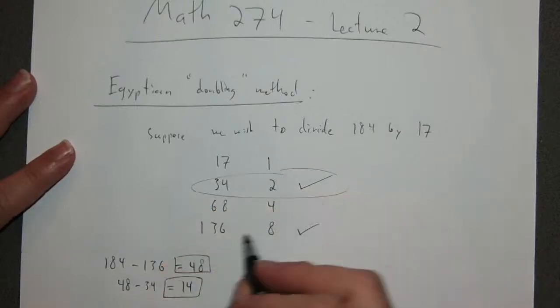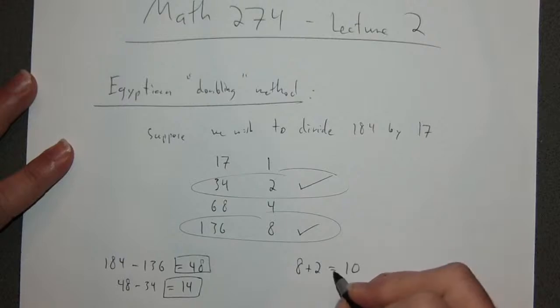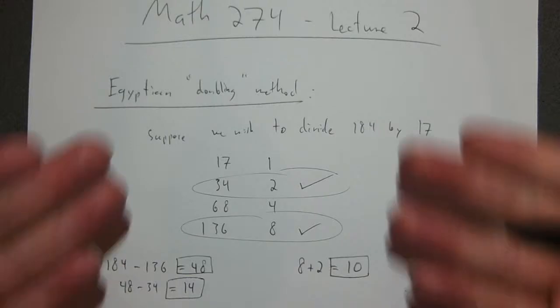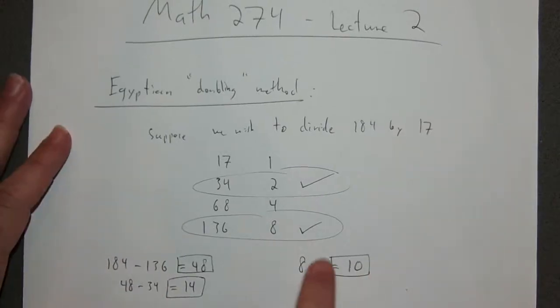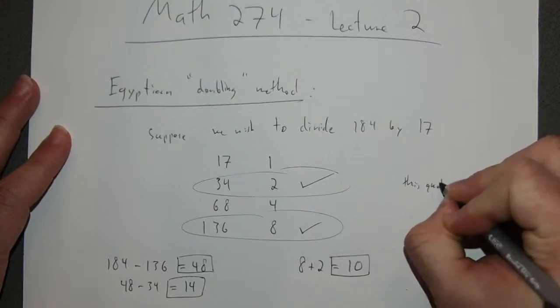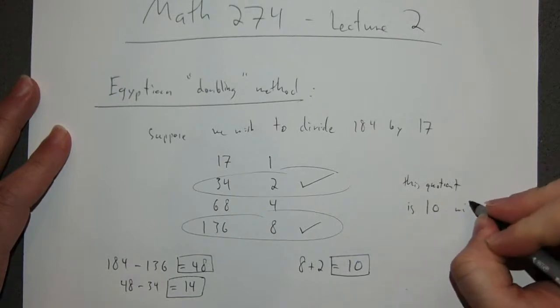So here and here, I have 8 plus 2, which is 10. And I'm done. What is the actual answer? The Egyptians would say my quotient is 10, with a remainder of 14.